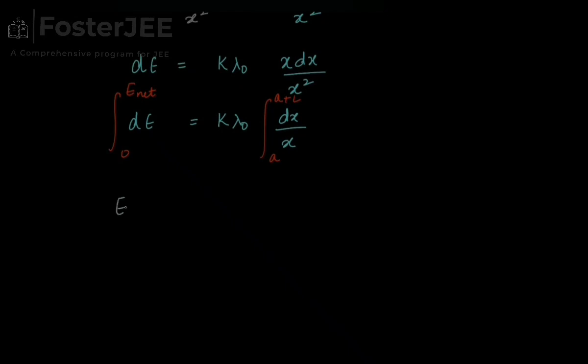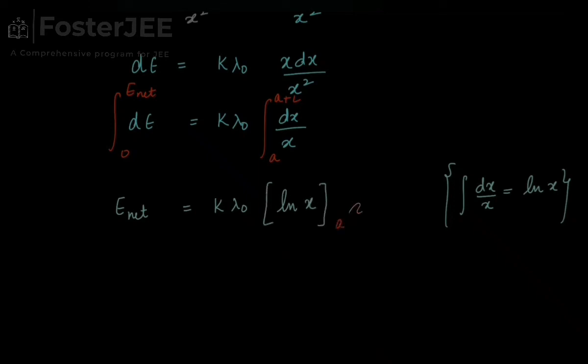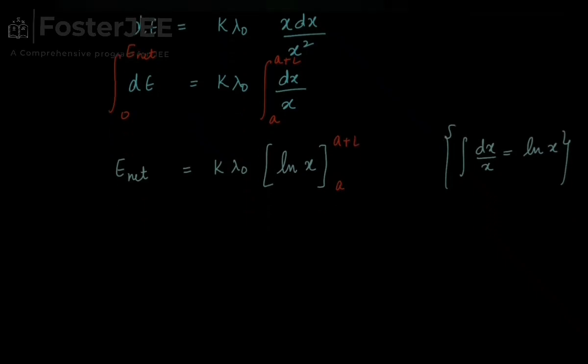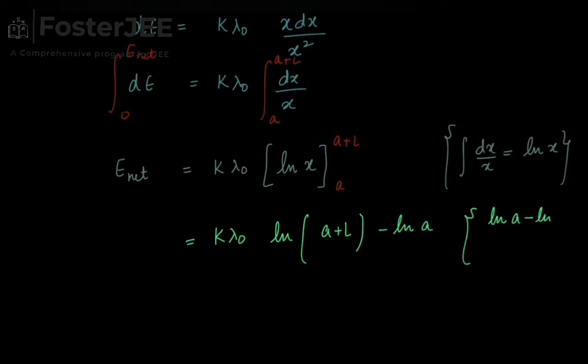Now integrating this equation, we get E net equals k lambda naught times the integral of dx upon x, which is natural log x, with limits a to a plus l. On putting the limits, we get k lambda naught (ln(a plus l) minus ln a), and we know ln a minus ln b is ln(a by b).